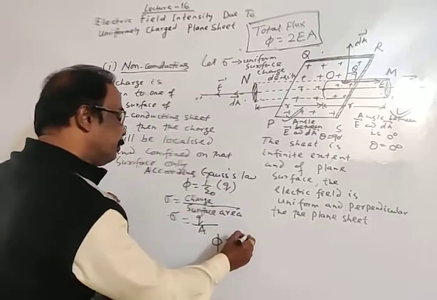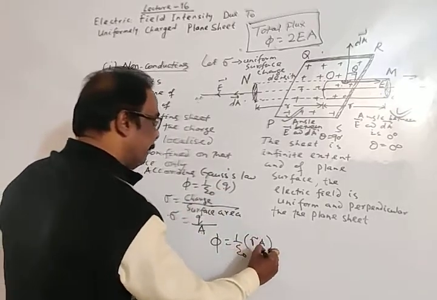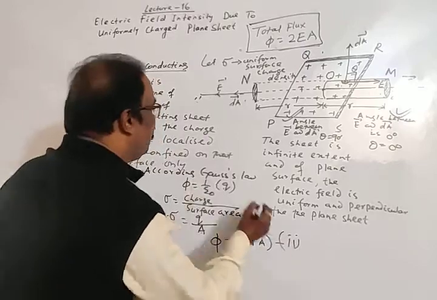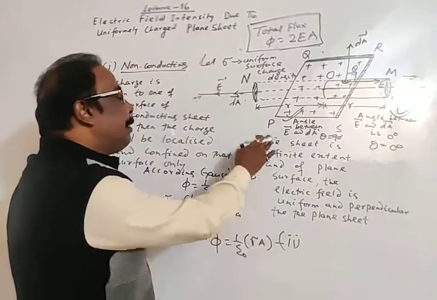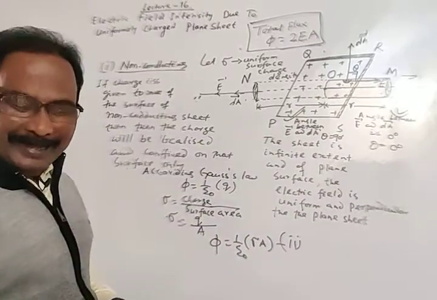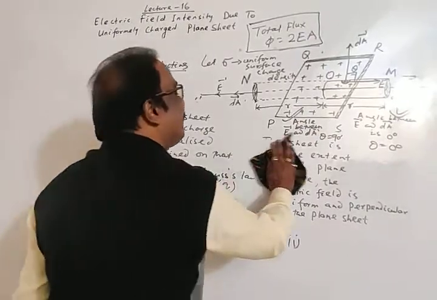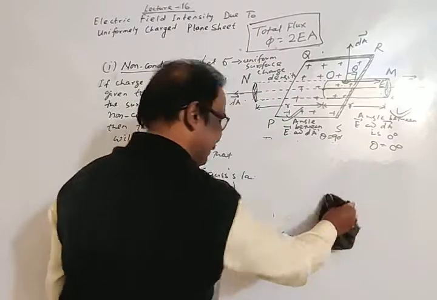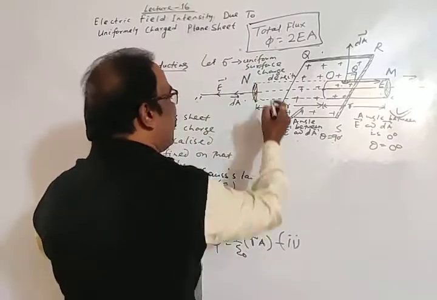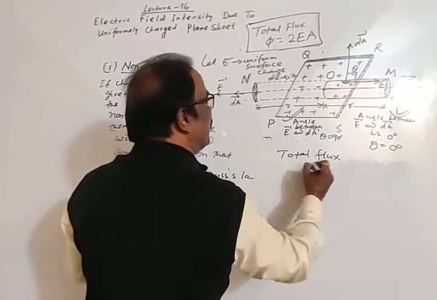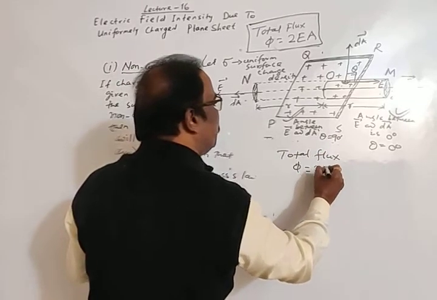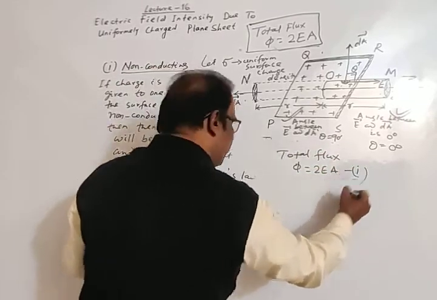Here charge is sigma into A. This is equation 2. And total flux, which we have already discussed, phi is equal to 2EA. Let's take it as equation 1.